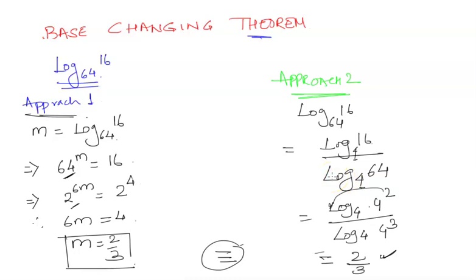Cool. Now we have understood this. Let's solve a few cases which would be helpful in solving many other problems. So let's solve about 3 to 4 different cases for the base changing theorem.